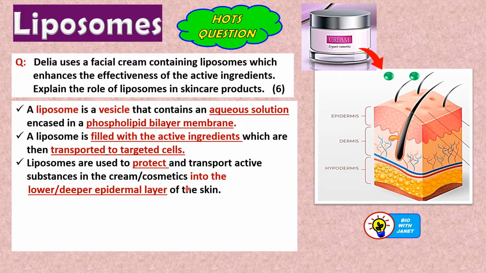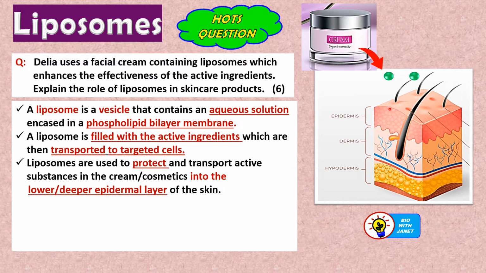All right. So for skin, the uppermost layers of the epidermis contain dry and dead cells, right? So probably there will be no effect on the cells if the active ingredients just stay on top there.